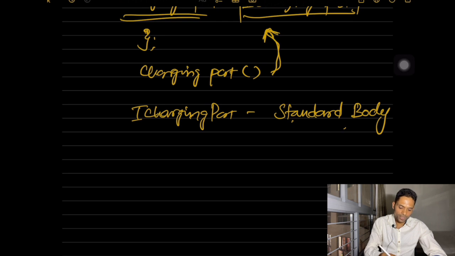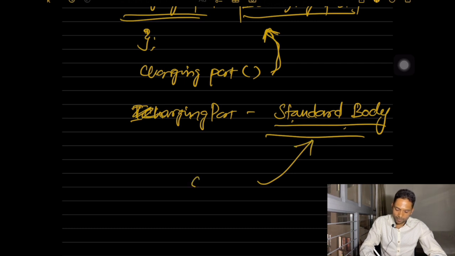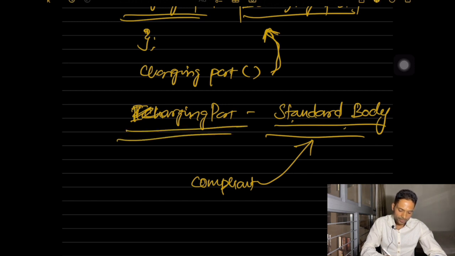So anybody can make this charging port now, and they will be compliant with this ICharging port interface. The clients which need to make that will inherit from this ICharging port, and different companies can make it.